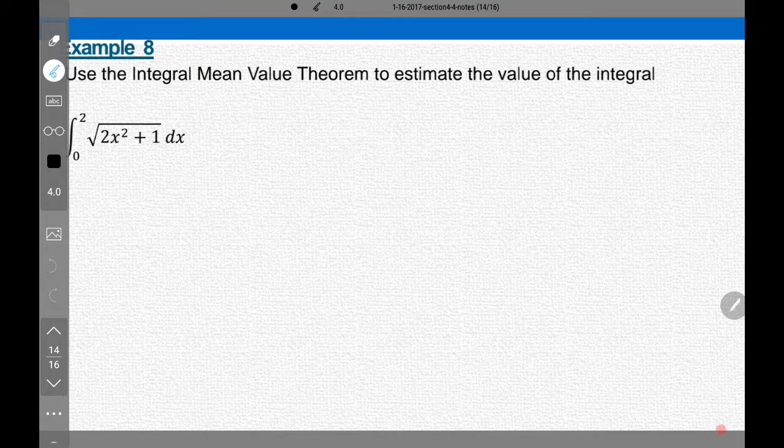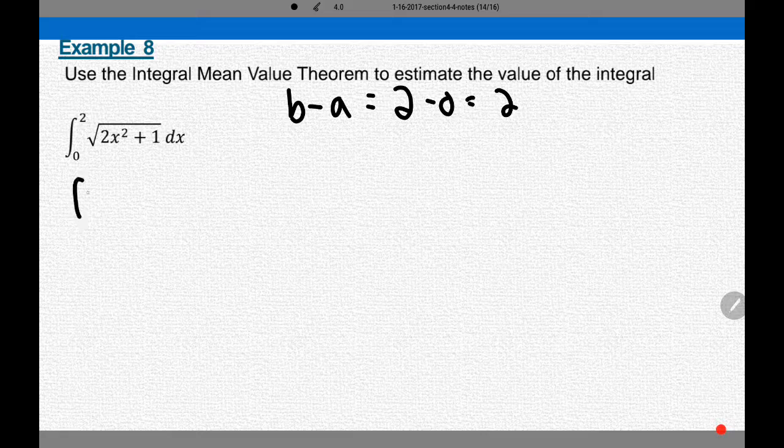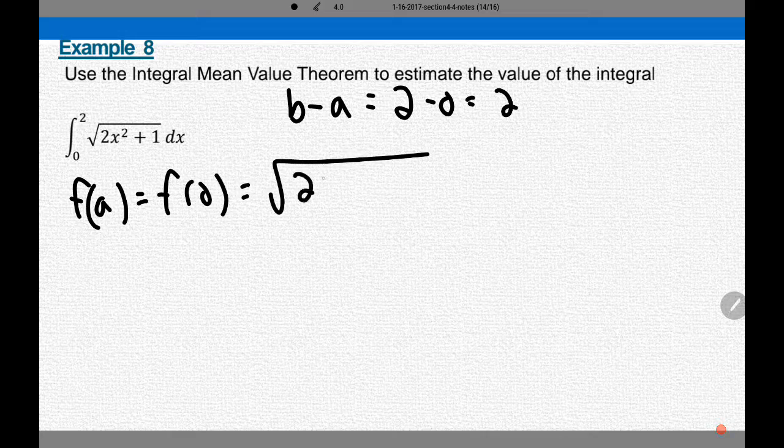If I do another example like this, it's the same thing. So I can start with b minus a, which in this case is 2 minus 0, so that's just 2. And then f at a would be f at 0. So I'm plugging a 0 into my function, so 2 times 0 squared plus 1.